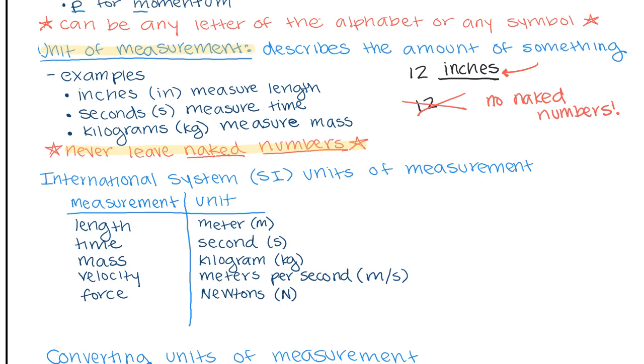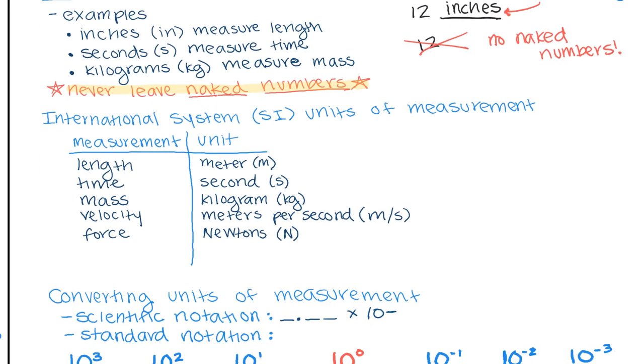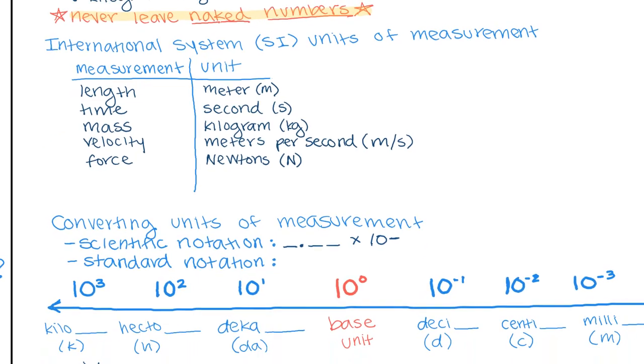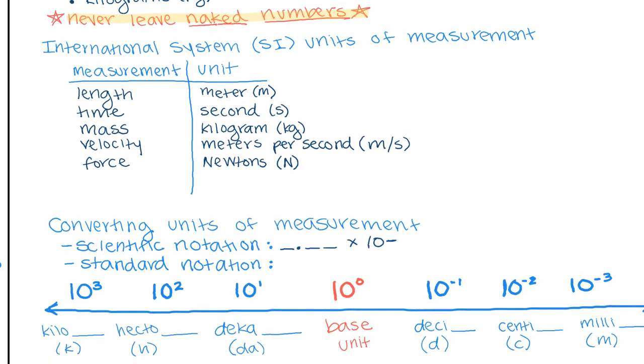You will notice as we move through our physics class, we will study a lot of these units of measurement, and these are designated international units of measurement, meaning that the world of scientists have come together to determine that these are going to be the standard units of measurement we use to measure everything.